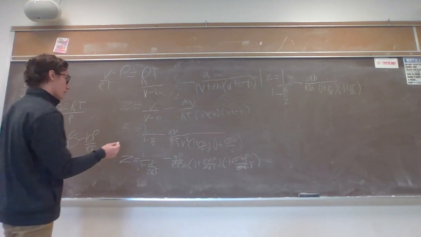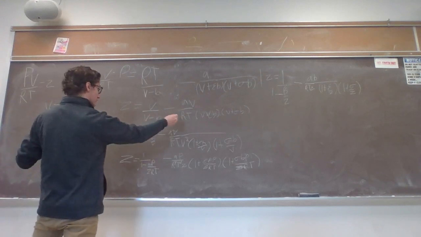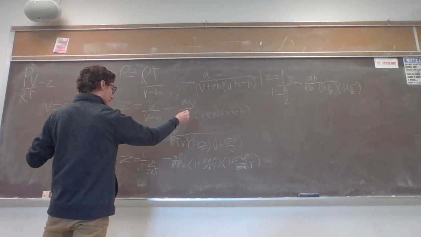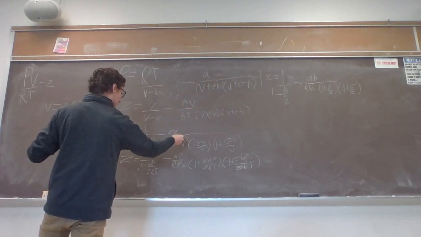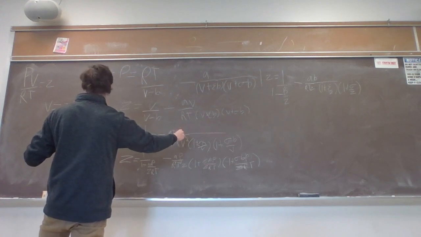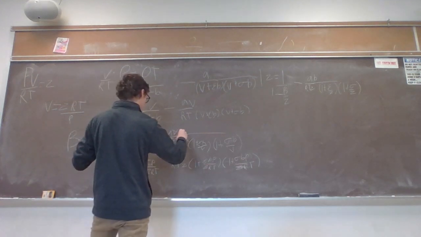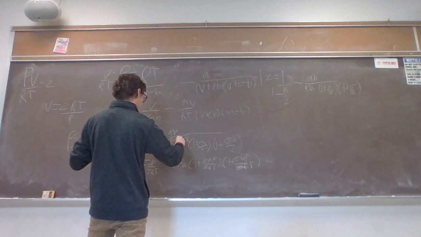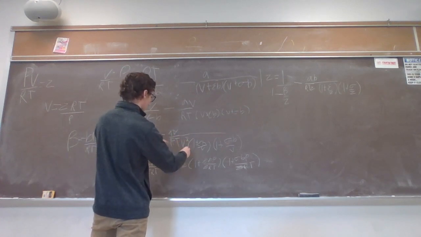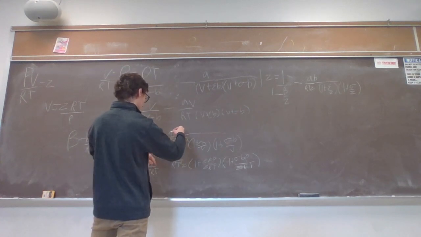If we plug in RT over here, we're going to plug in whatever we have for V. So we would get V squared, just have one V remaining. And if we want to change V, V would be Z times RT over P. And so if we had that over P, the P would be up here, I believe. Yeah, so that would be like that. We could just flip that.